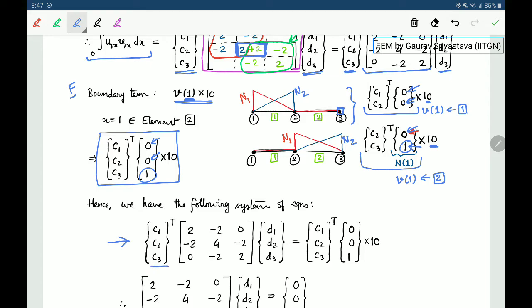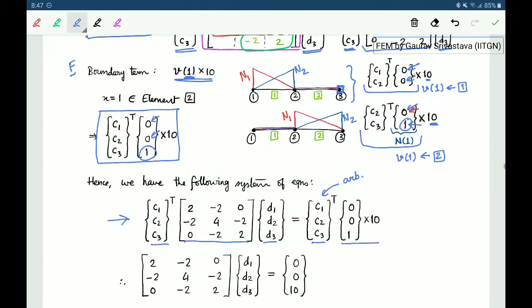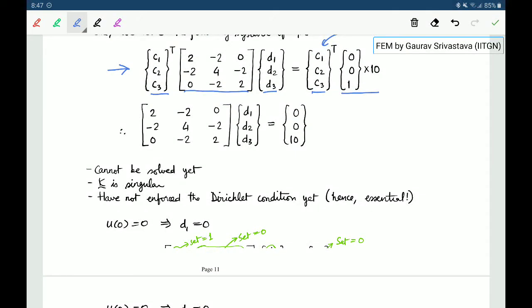So we have C transpose times a matrix times D equals C transpose times a vector, and this vector C was arbitrary. So again, by using the fundamental lemma of calculus of variations, it is sufficient to say that if we are solving this system, which is of the form KD equals F, then we should be able to get what is D.